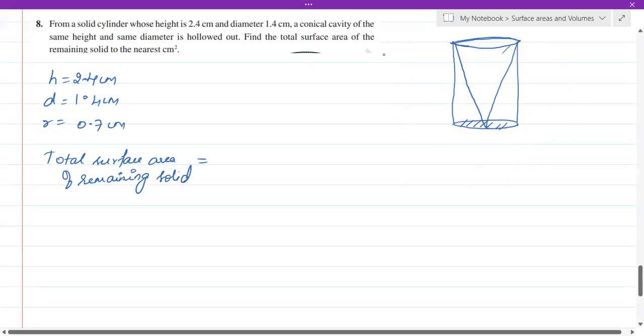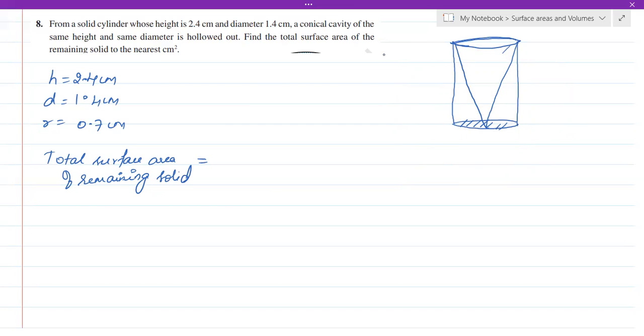Very clearly the curved part of the cylinder will be visible outside, so CSA of cylinder, and inside the curved part of the cone will be visible to us, isn't it? So CSA of cone plus, and the base area.